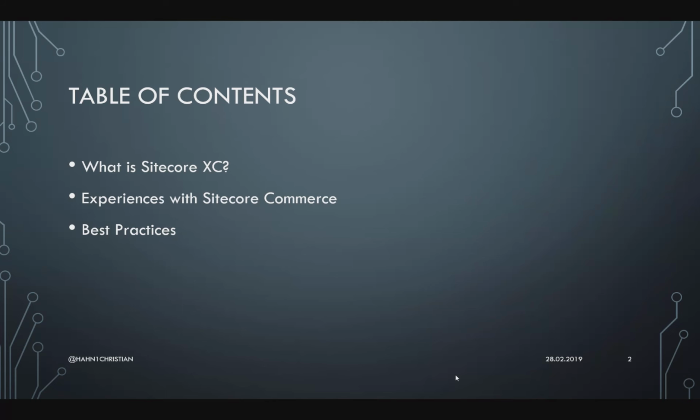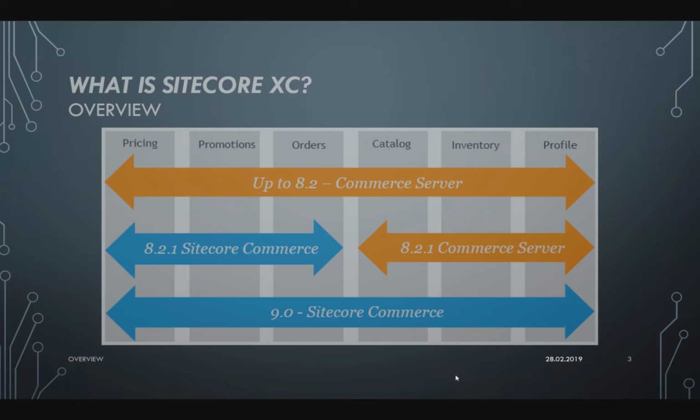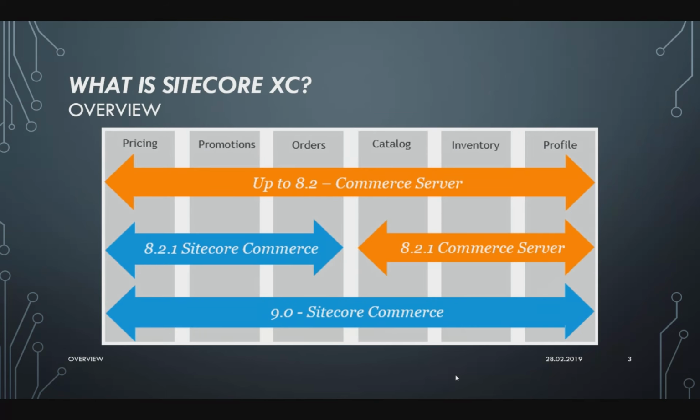So let's start. For the overview, I would like to show you a small history. I joined this Sitecore Commerce journey with version 8.2.1. That's the middle part, 2 years ago. Before that, we had the Microsoft Commerce Server, which covered all the features a commerce system had to do.